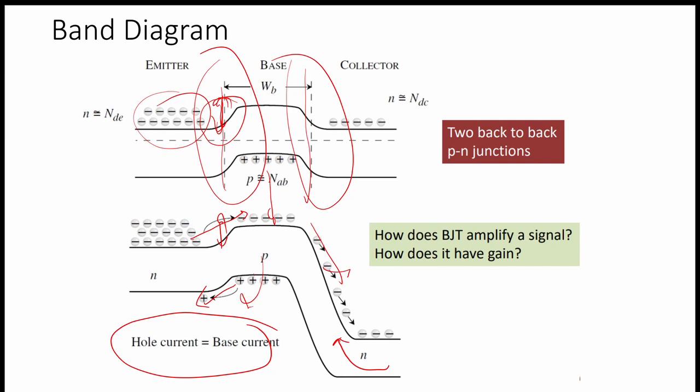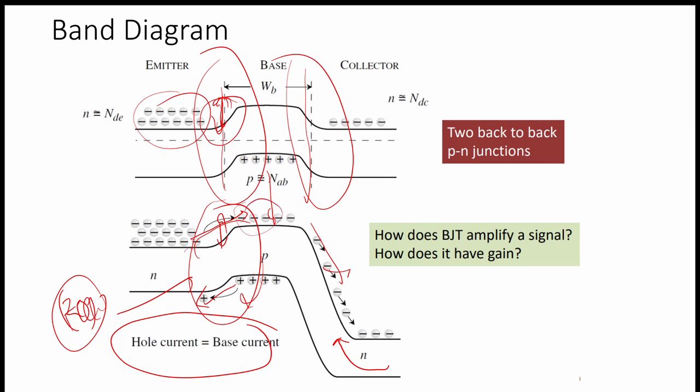Let us see, we are forward biasing the emitter base junction. Sorry, not reverse bias, forward bias. So electrons can easily come from the emitter side to the base.